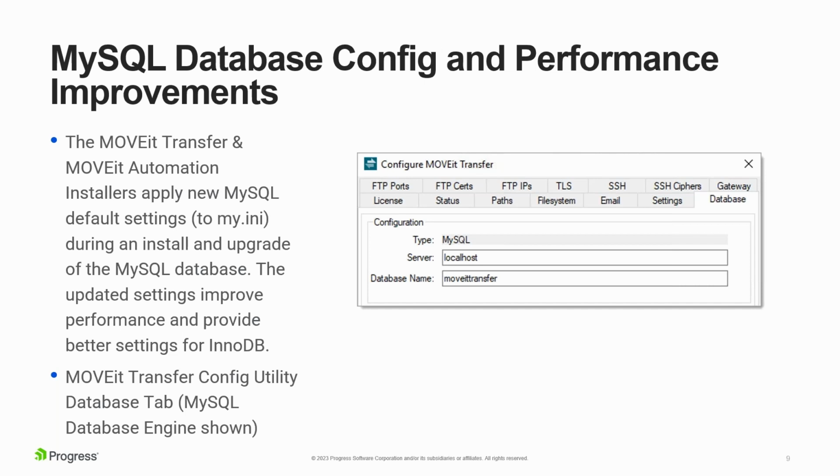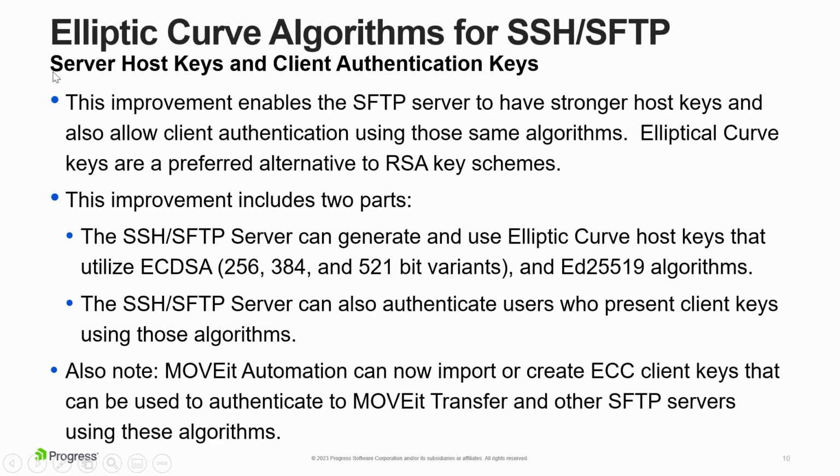Absolutely. That's great. Thanks for adding that. This next feature, I think, is probably one of the most important for this release. Elliptic curve algorithms. So this is asymmetric keys, right? Server host keys and client authentication keys.